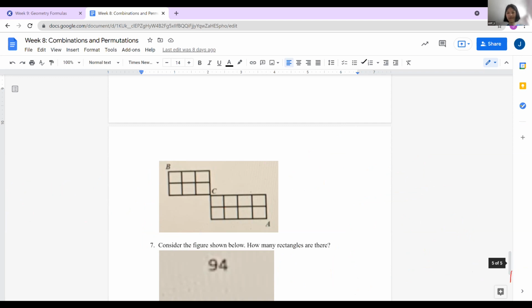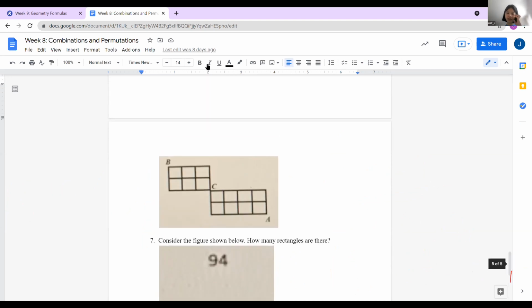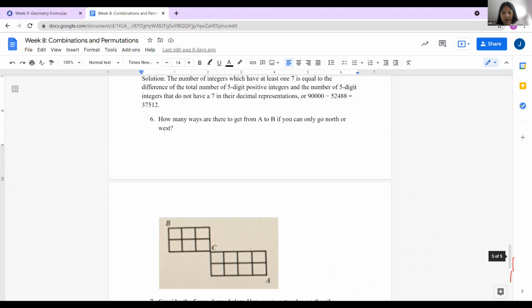Okay, do any of you, first, to finish up problem 6, do you want to explain how to finish up problem 6? Wait, you mean me? If you want.